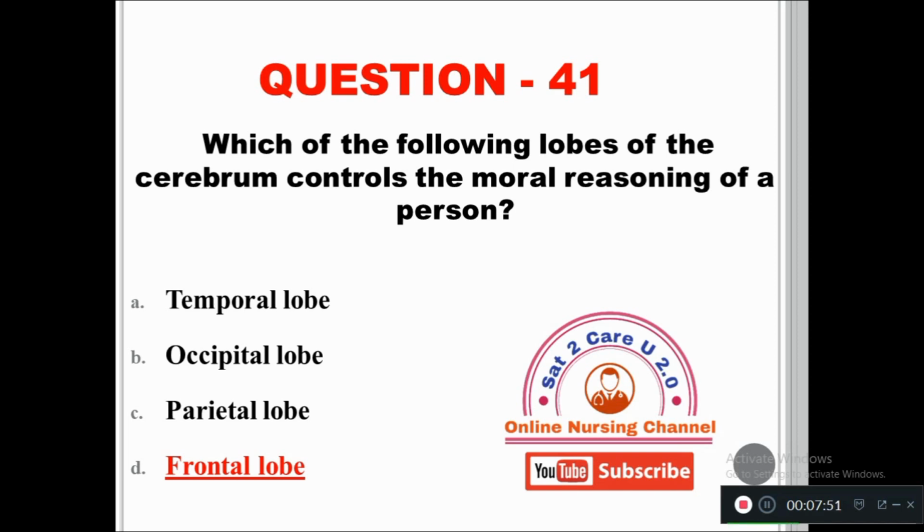Temporal lobe is wrong because it is a center for senses of smell and hearing. Occipital lobe is also wrong because it assists in coordinating language. Parietal lobe is also wrong because it interprets sensation of taste and touch. So select option D, frontal lobe.